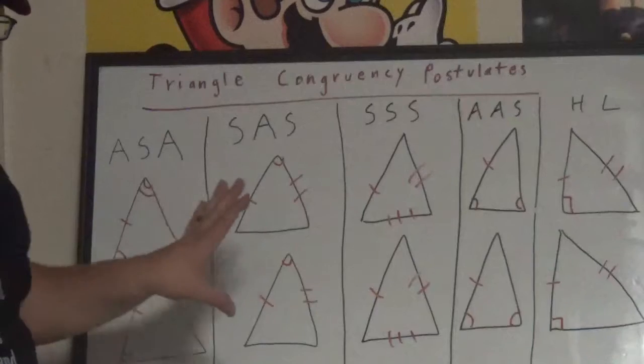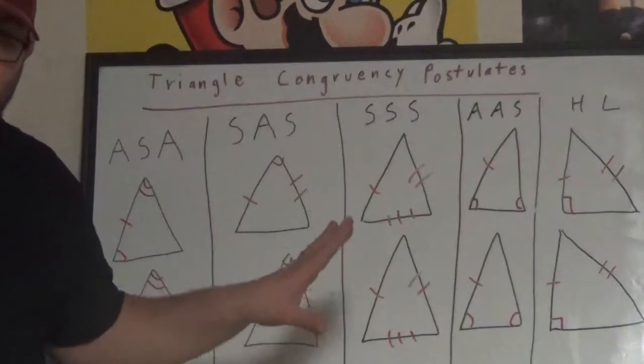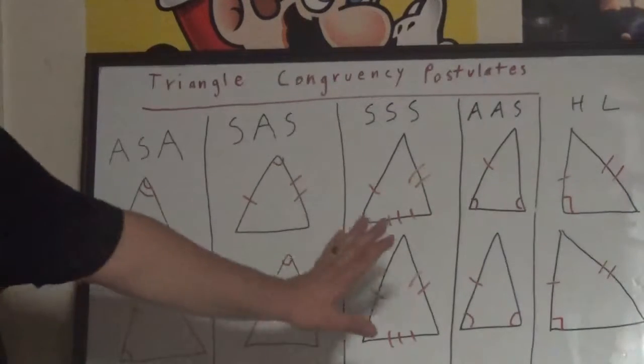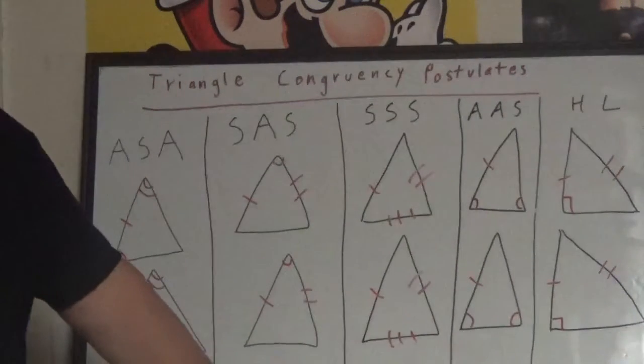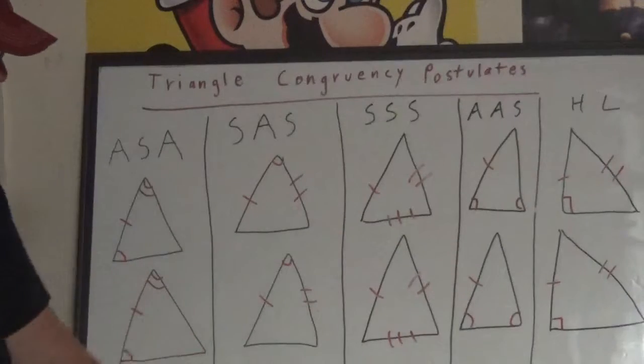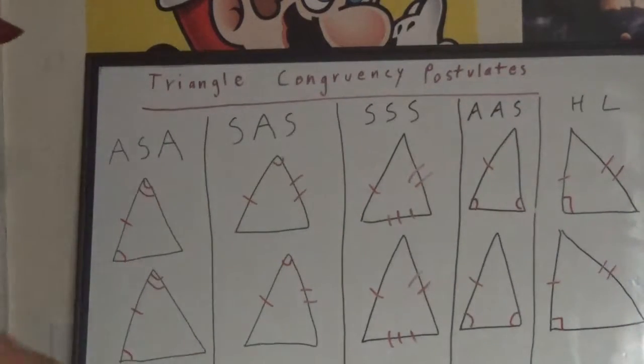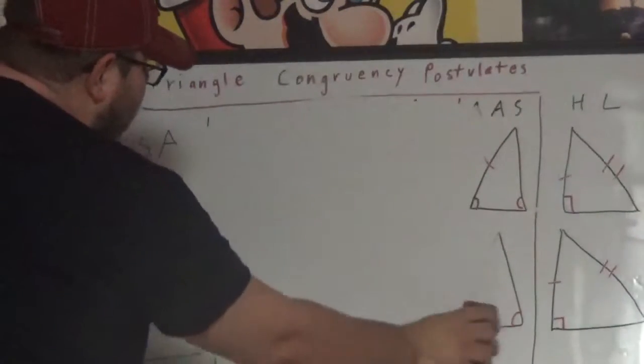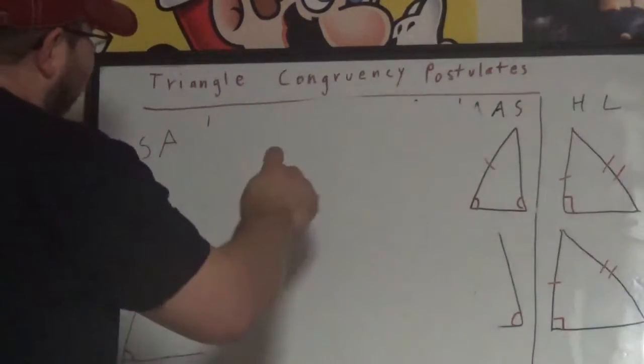You have to check for one of these 5 postulates. If you look and it doesn't qualify under any of these 5 postulates, it is not congruent. I'm going to erase this in the middle.